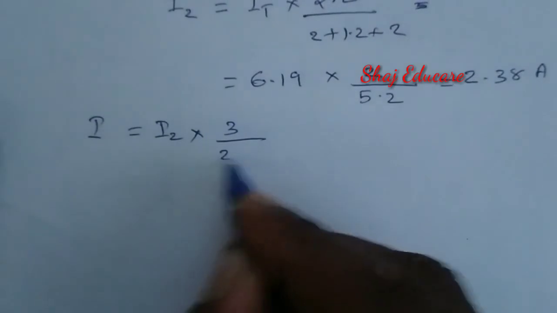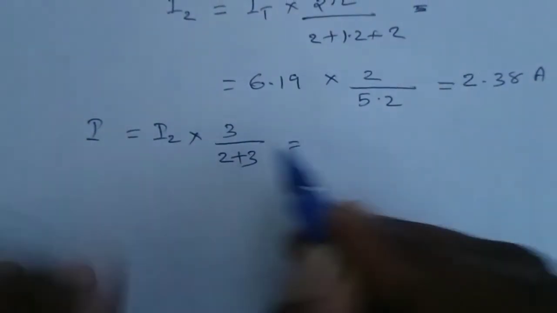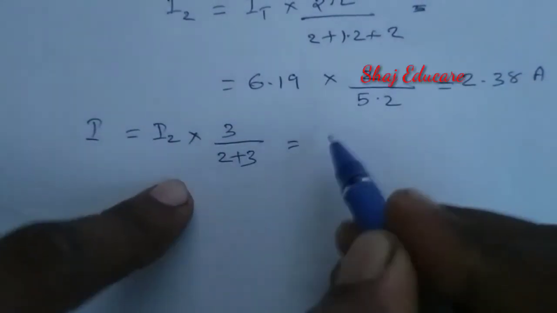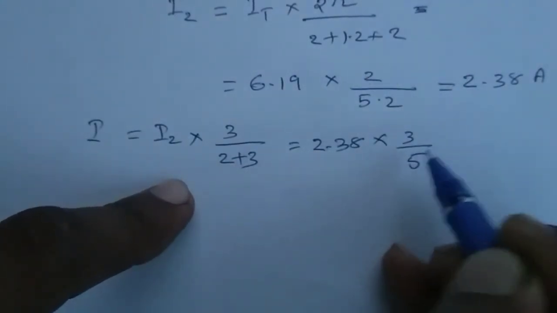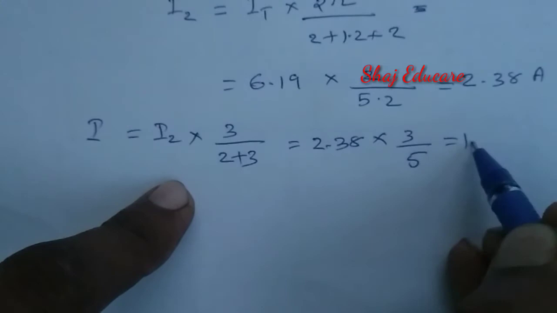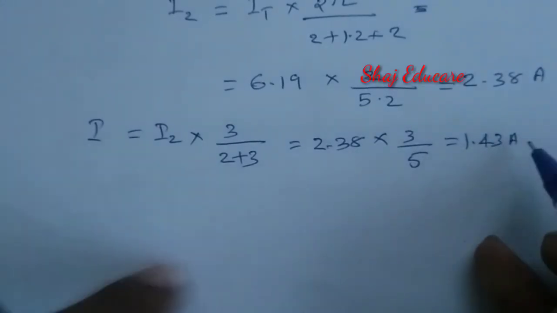What is I2 here? We obtained it as 2.38, so 2.38 into 3 divided by 5. That is equal to 1.43 ampere.